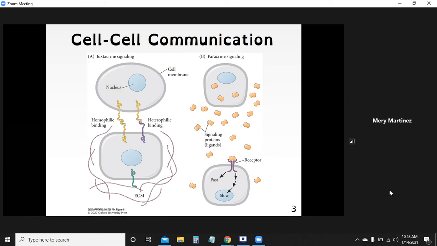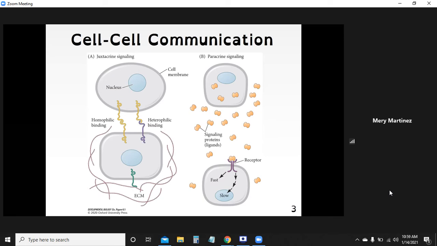It involves communication across short distances and between neighboring cells alone. So cells have to be in contact, as we see, and at short distances, like how we can hold arms across the room, right? We need to be nearby in order to do it.